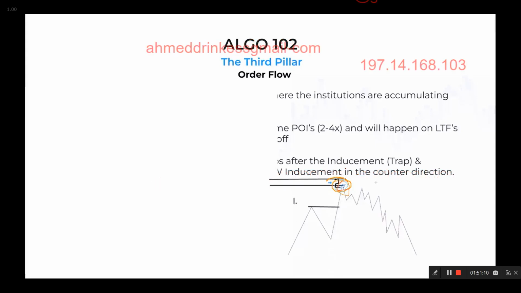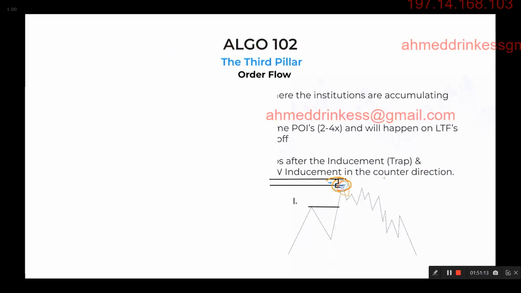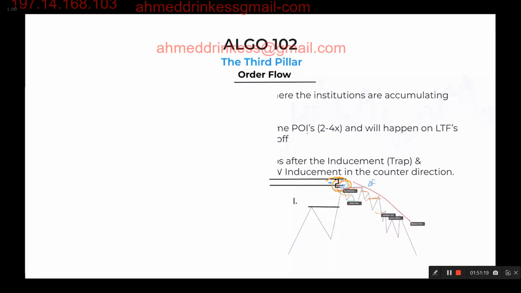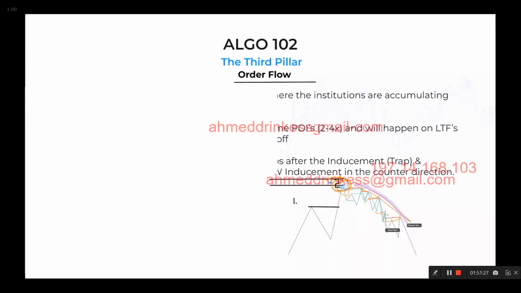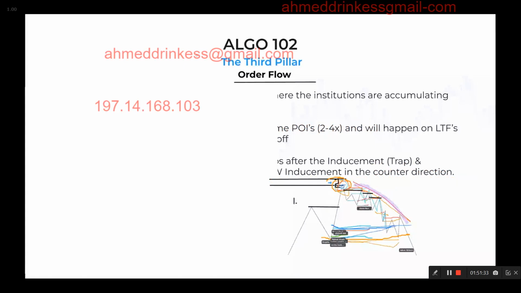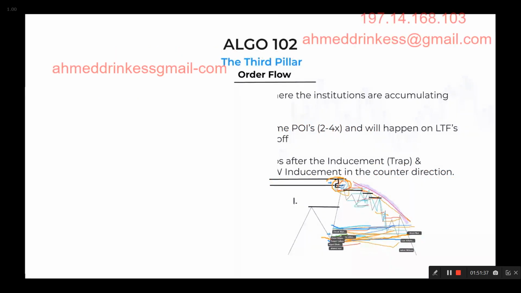Let's now think about 3. The third thing is what? Order flow. Now, if I had to ask everybody, where is the SMT? The smart money trap. Beautiful. I love to see it. This is now our SMT, which is going to be 3.